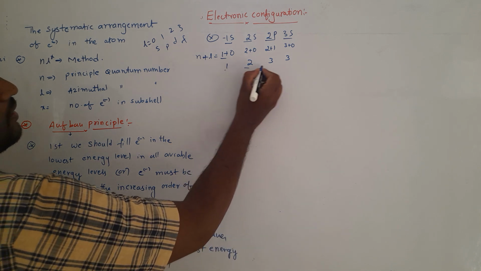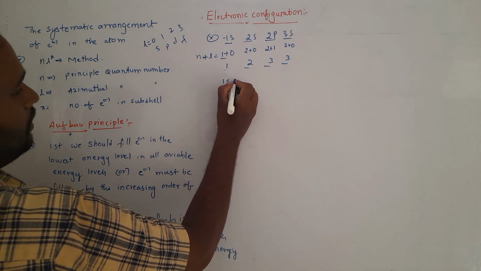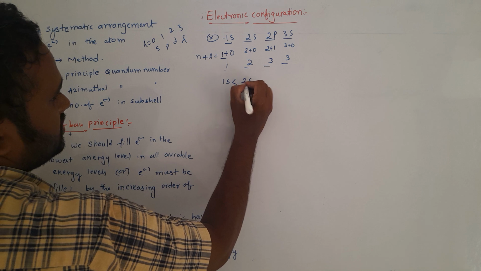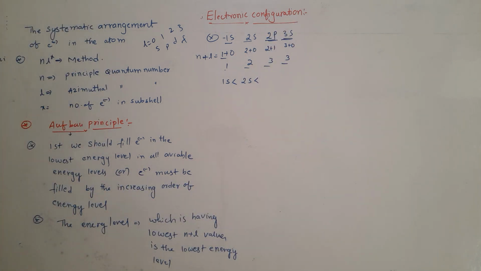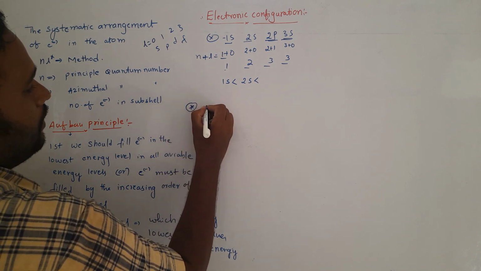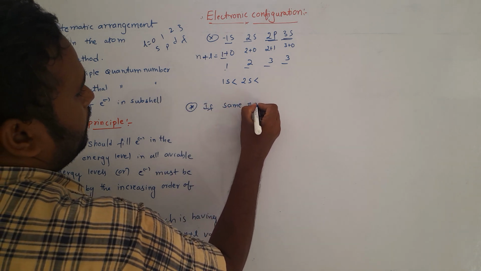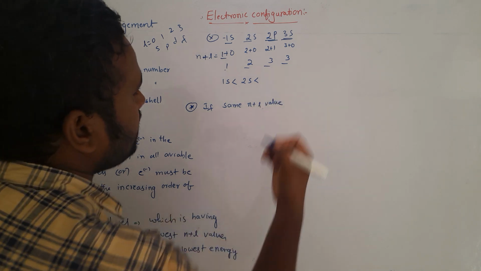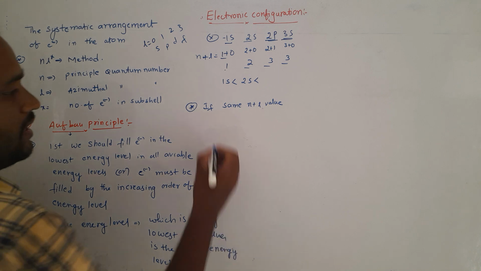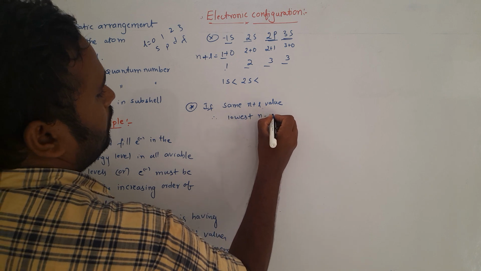Now we have the n plus L values. Among all these, the lowest n plus L value is 1s. 1s is less than 2s. Then when you see 2p and 3s, which have the same n plus L value, how do we select the lowest energy level? Then we need to see the lowest n value.